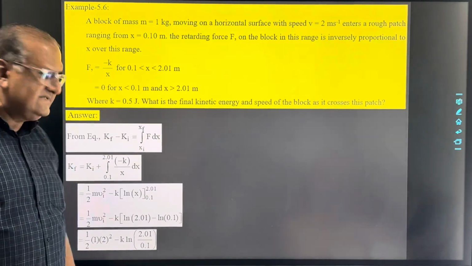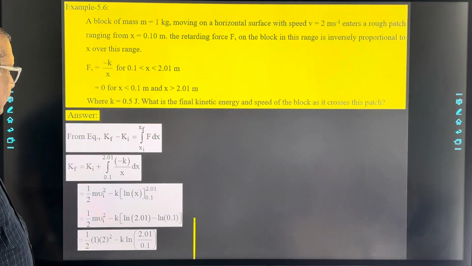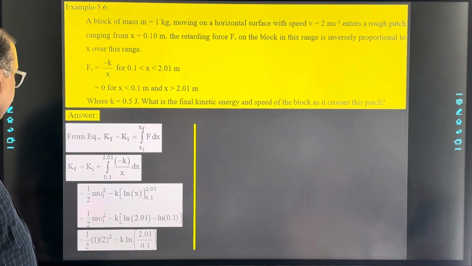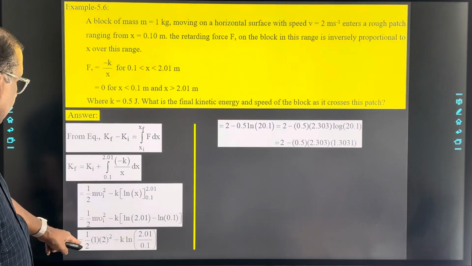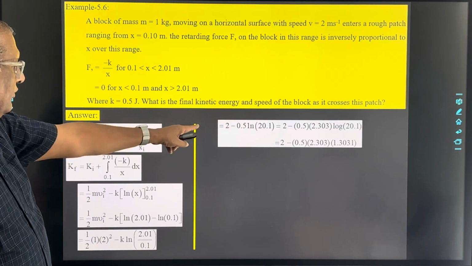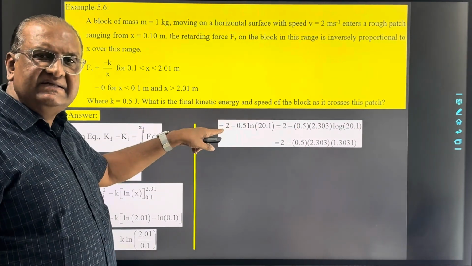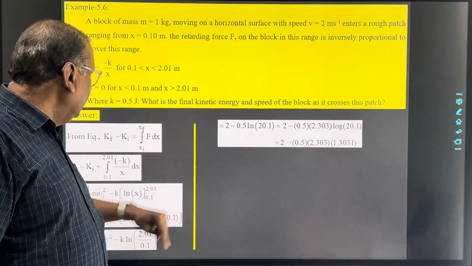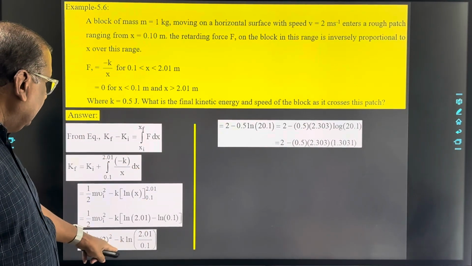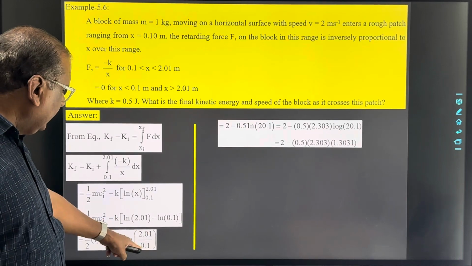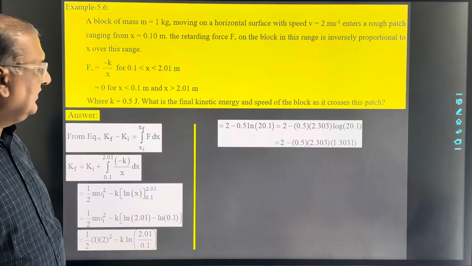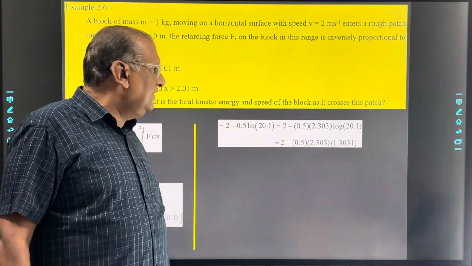Okay. Now if we solve this one, then we will get here 1, 2 cancel and another 2 will give you the answer 2 joule, that is initial kinetic energy. Then k that is 0.5, ln 2.01 upon 0.1, so that is 20.1, so ln 20.1.